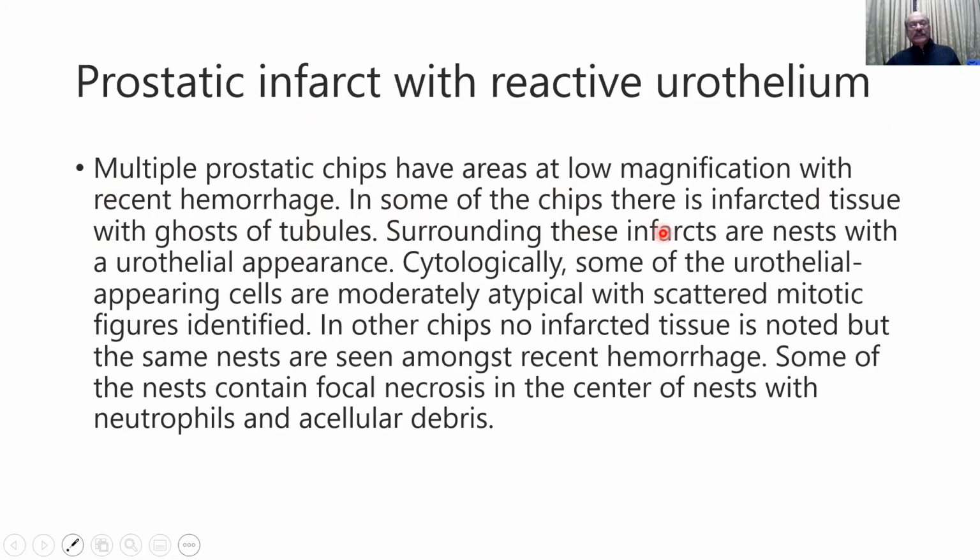And in some of the chips, there is infarcted tissue with ghosts of tubules. Surrounding these infarcts are nests with a urothelial appearance. Cytologically, some of the urothelial appearing cells are moderately atypical with scattered mitotic figures identified. In other chips, no infarcted tissue is noted, but the same nests are seen amongst recent hemorrhage. So this is the prostatic infarct with reactive epithelium.